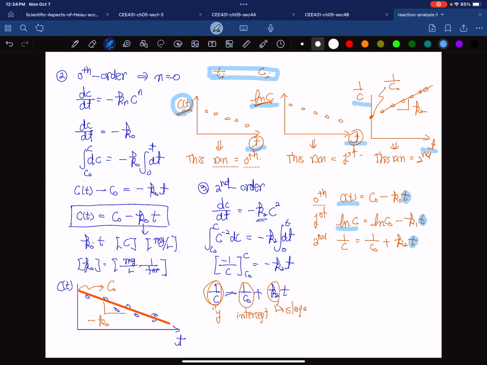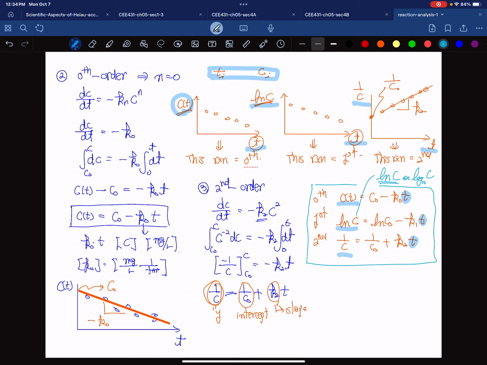Second order, it is 1 over C. It doesn't really matter whether you use natural log of C or common log 10 of C, but natural log always gives a simpler representation. So try to remember this.